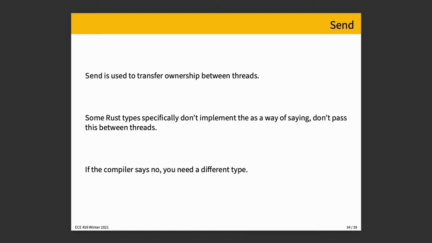We'll see that in the next lecture, that if we use the wrong kind of reference, the compiler will say, I don't think you should do this because this is not a good idea. And because of the rule that says we can't implement the send trait on something that we don't own, obviously we can't just say, oh, I'm going to fix that by implementing send.